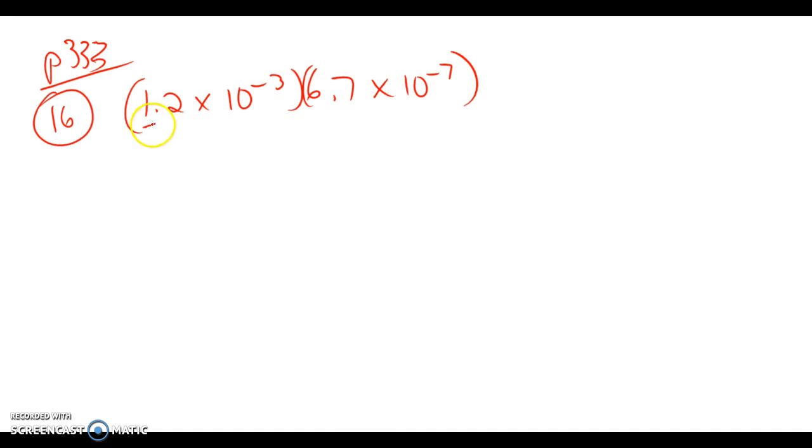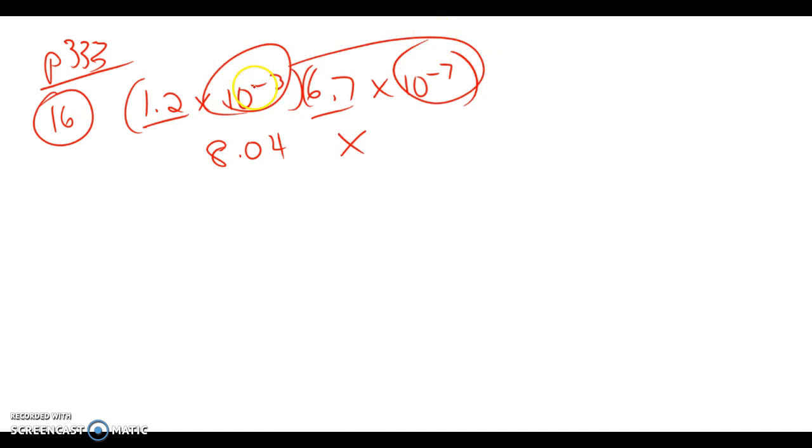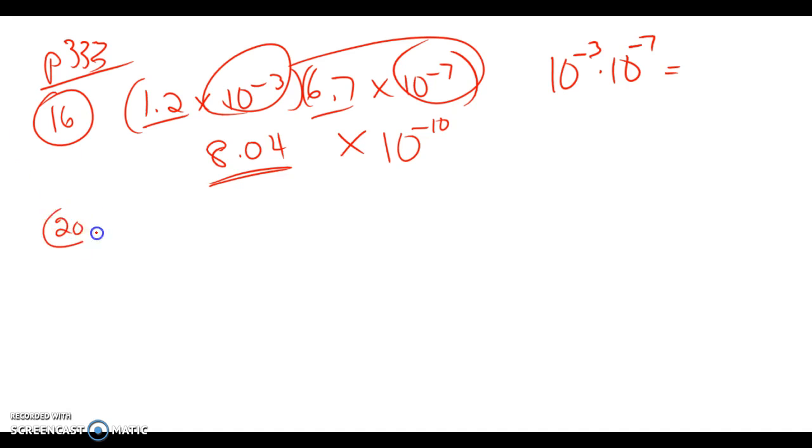The beauty of this is I multiply the 1.2 times the 6.7, and then I can treat these as 10 to the negative third times 10 to the negative 7, and I can just add the exponents, can't I? This turns out to be 10 to the negative 10. Because this is just one non-zero digit to the left of the decimal, I'm still in proper scientific notation.